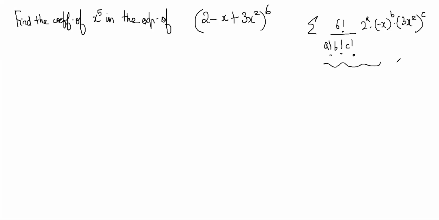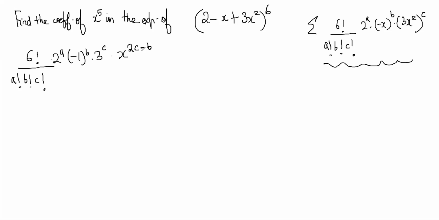I care about the x powers, so I will write it as 6 factorial by a factorial, b factorial, c factorial, 2 power a, minus 1 power b and 3 power c, into x power 2c plus b. So x power becomes 2c plus b. This is my general term.